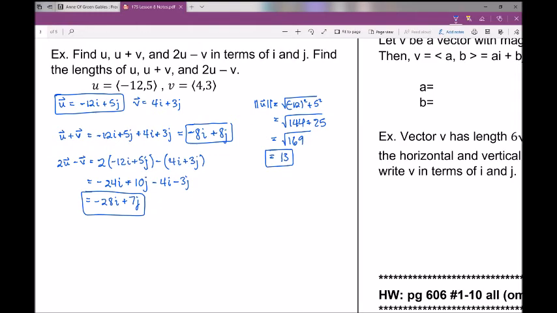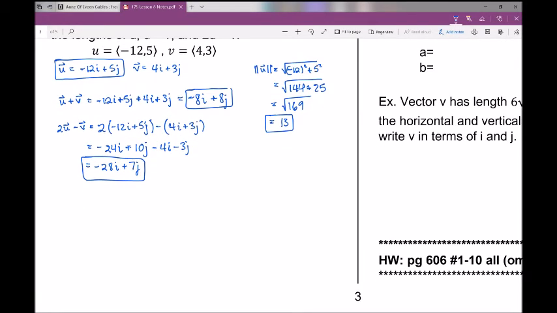All right. Now let's find the length of u plus v. So the length of u plus v is going to be the square root of negative 8 squared plus 8 squared.